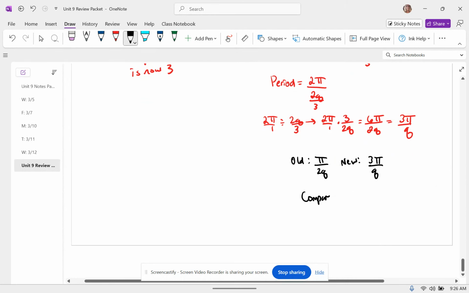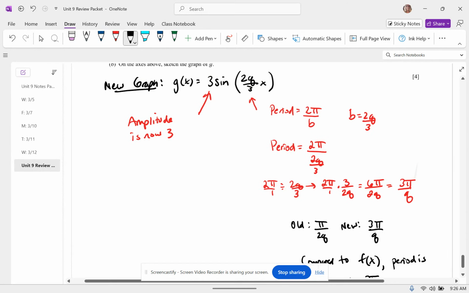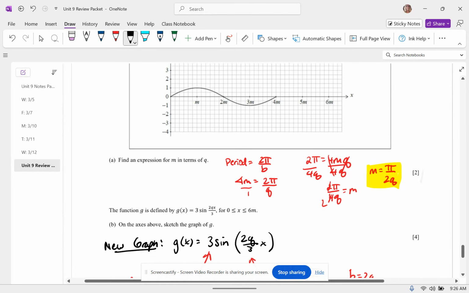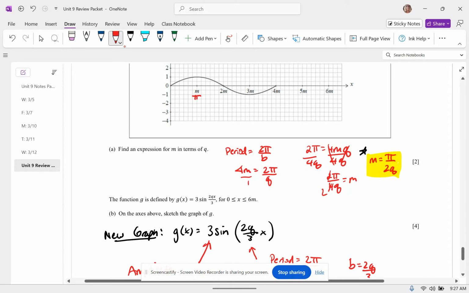Compared to f of x, the period is now 3 pi over q. Well, these are in terms of m, and I have no idea what that looks like. So let's take this m that we've got and rewrite all these tick marks on the x-axis in terms of q, so I can graph this by hand. This one is going to become pi over 2q, because that's m.